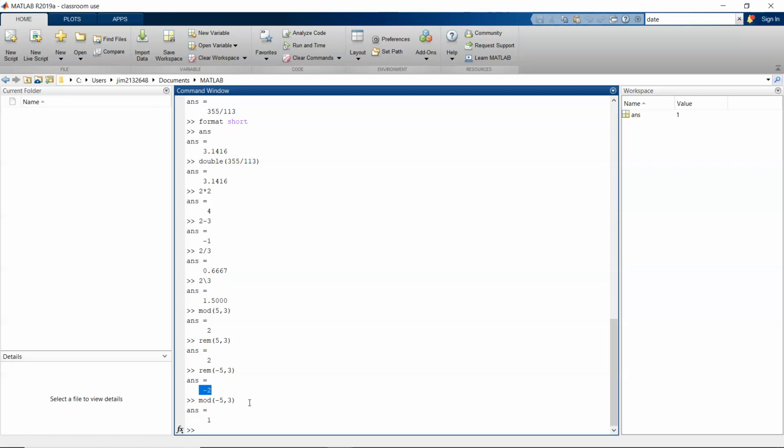We can also do ceiling and floor. Ceiling of 4/3 is going to be 2. That it rounds up. In other words, floor of 5/3 is going to be 1. It rounds down. Fix takes the integer part.